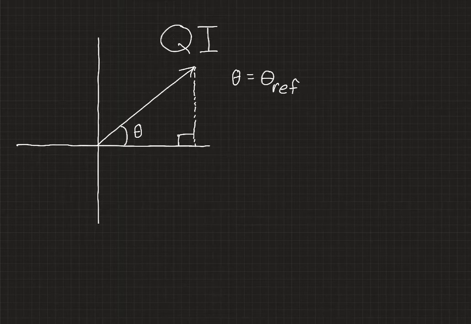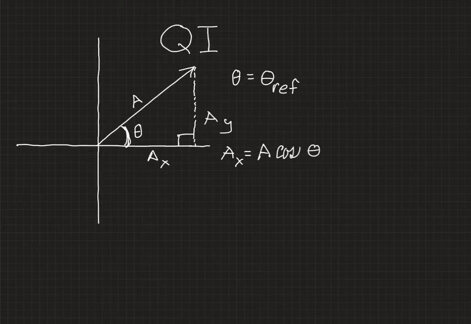If this is vector A with a magnitude of A, this would be A sub x, this would be A sub y, and the standard angle would be the angle you were given, theta. We can calculate A sub x as A times the cosine of theta, and A sub y as A times the sine of theta.